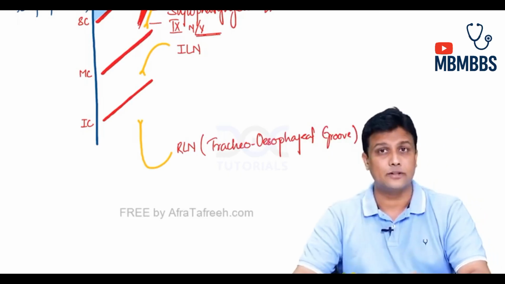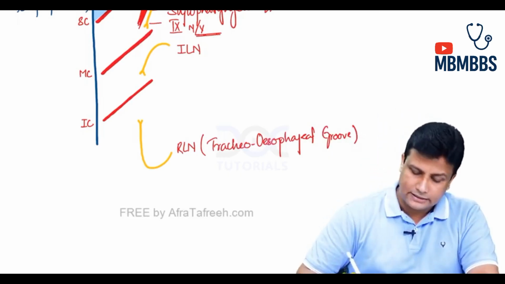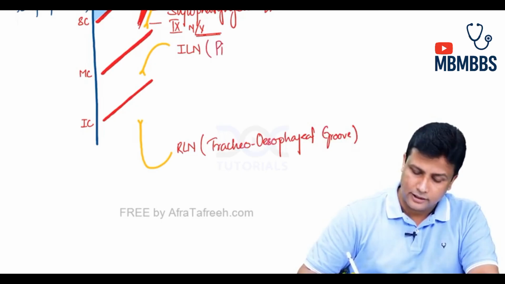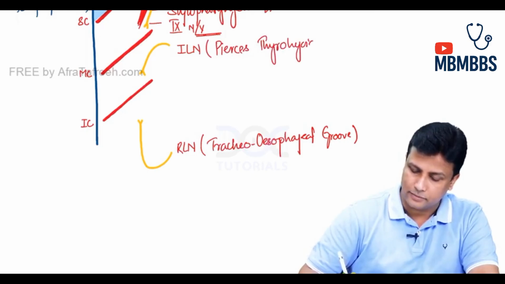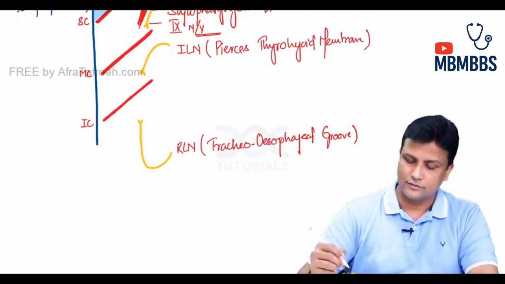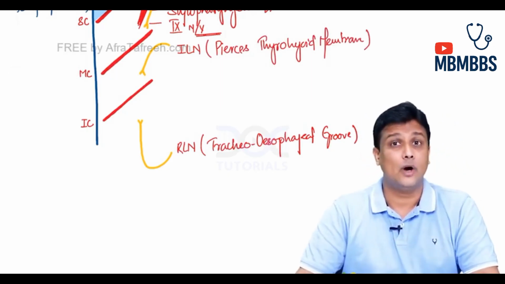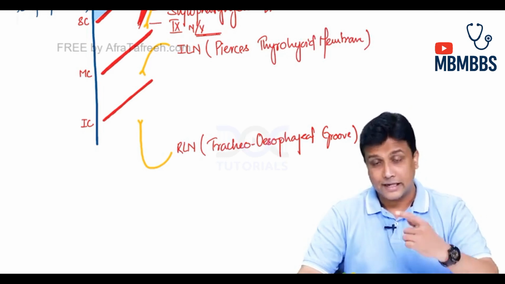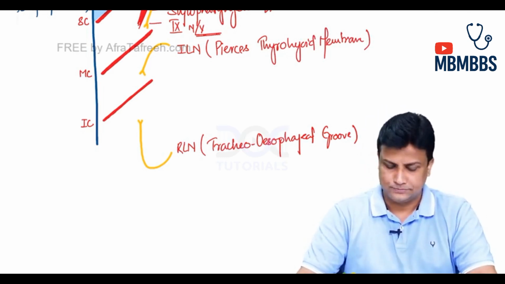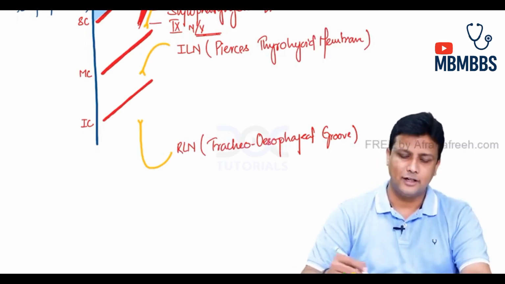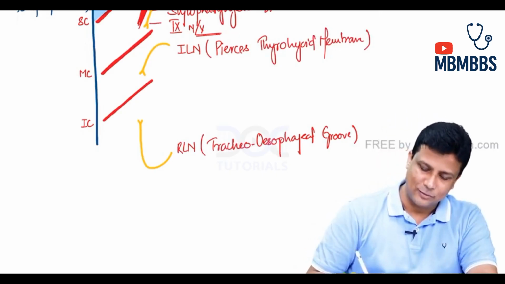Better try to make some concept and remember. Internal laryngeal nerve, how to remember that? It is the one which pierces the thyrohyoid membrane, whereas the recurrent laryngeal nerve is passing through the tracheoesophageal groove.